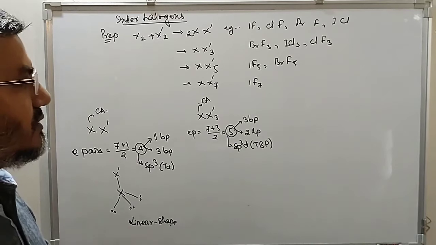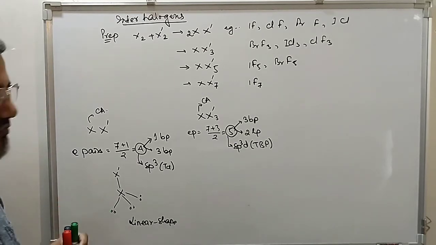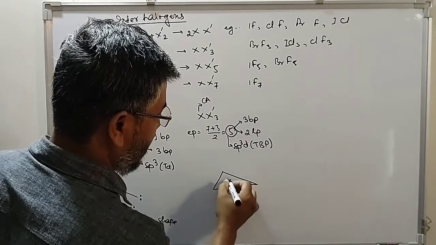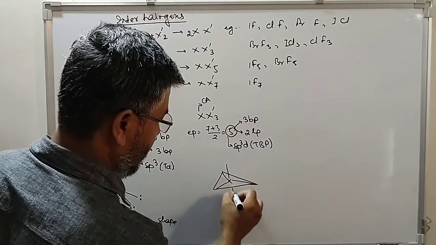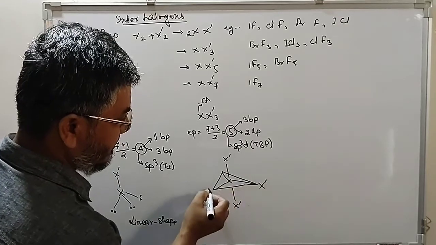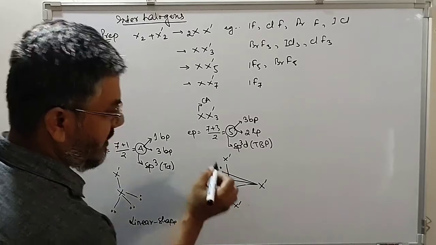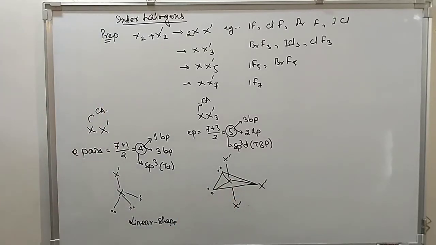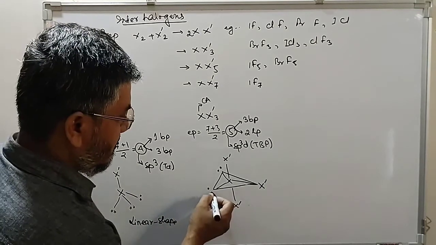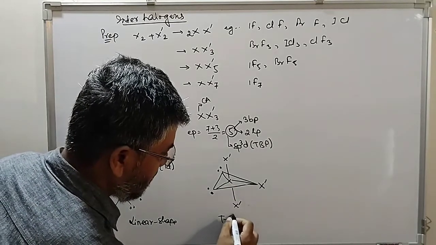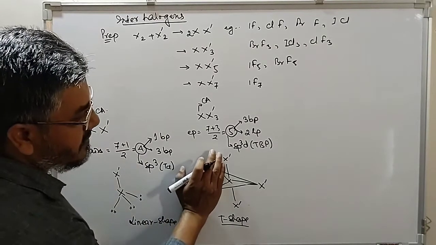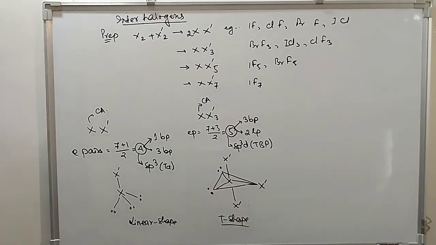In trigonal bipyramidal geometry, the lone pairs occupy equatorial positions. So we have X prime, X prime, X prime, and two equatorial positions occupied by lone pairs. Because of this, the shape is T shape. If we exclude the lone pairs, we get a T shape.